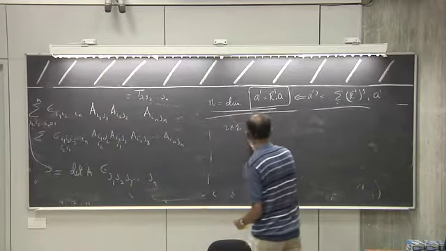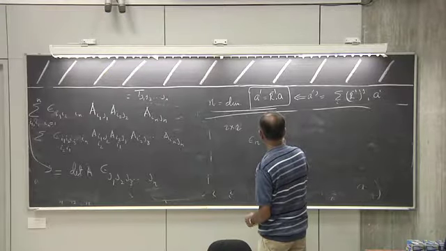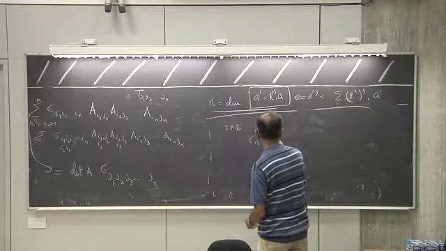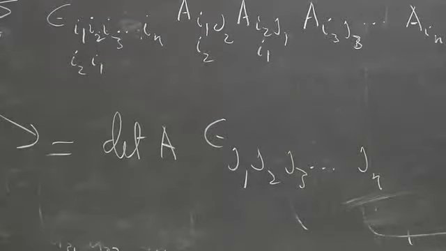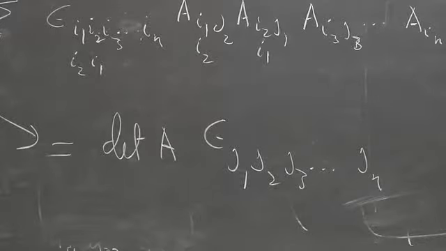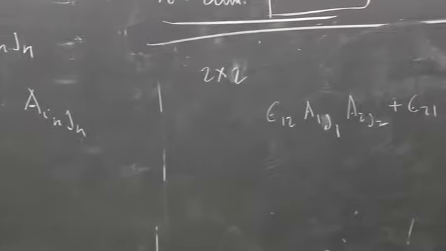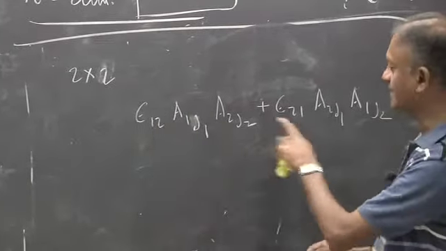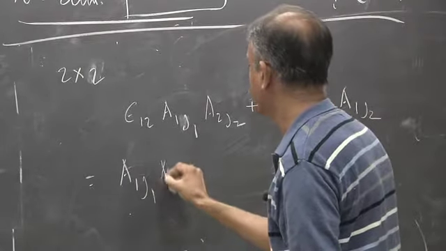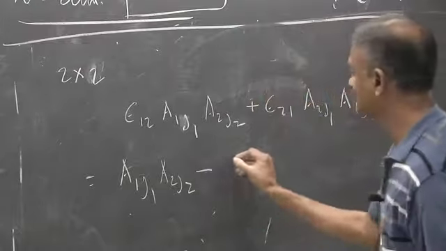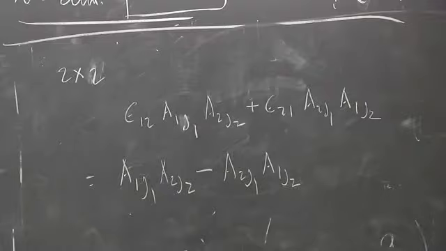So this is epsilon 1 2, a1 j1, a2 j2, plus epsilon 2 1, a2 j1, a1 j2. But epsilon 1 2 is plus 1 and epsilon 2 1 is minus 1. So this is the same as a1 j1, a2 j2 minus a2 j1, a1 j2.